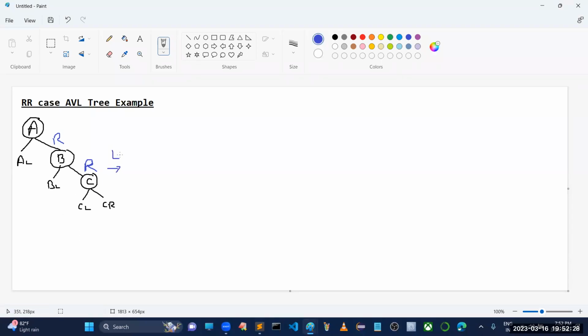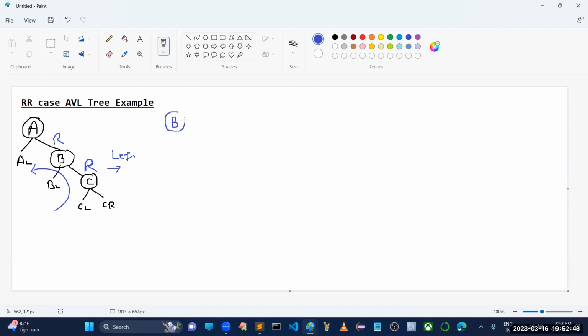Once you apply left rotation, what will happen? Sir, left rotation means what? We are going to do left rotation like this. That means your B will become the root node.